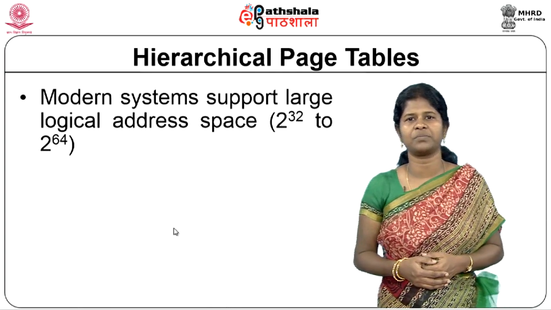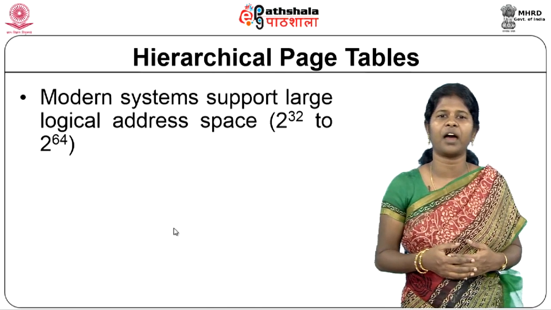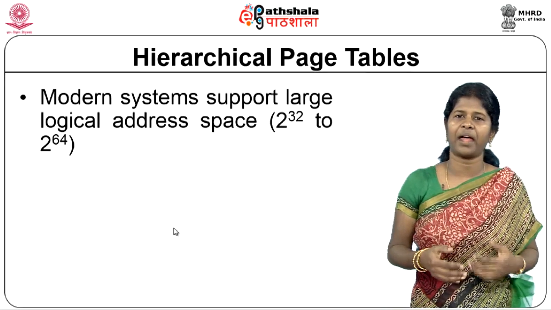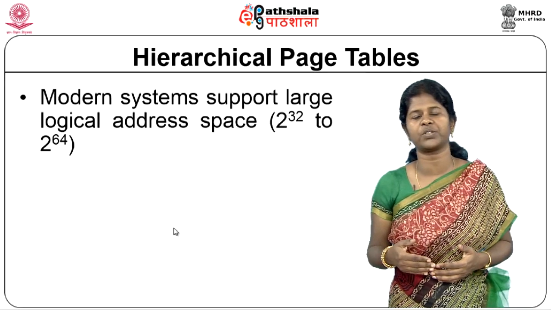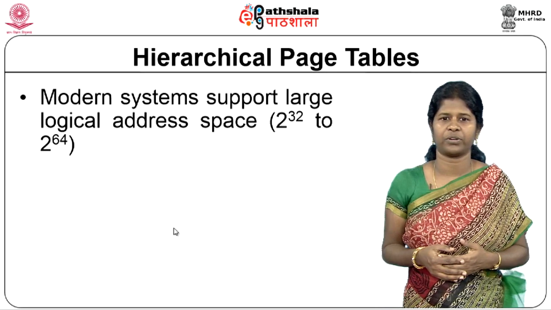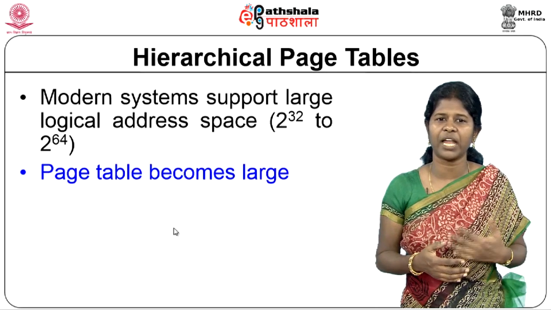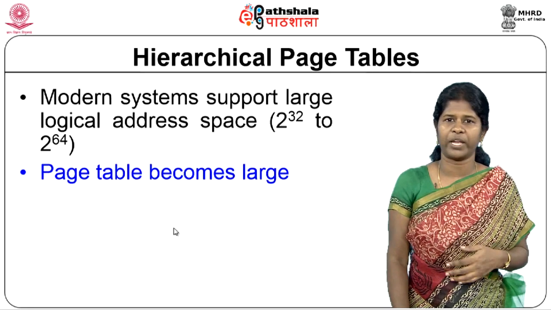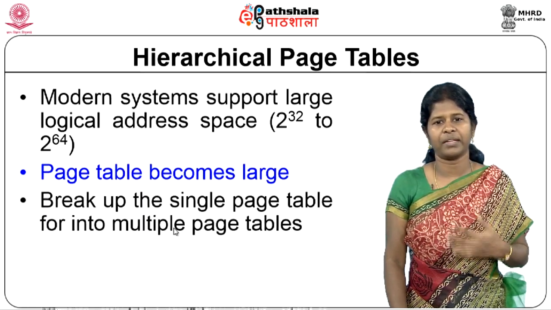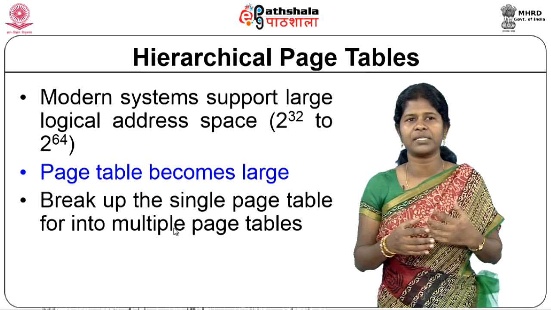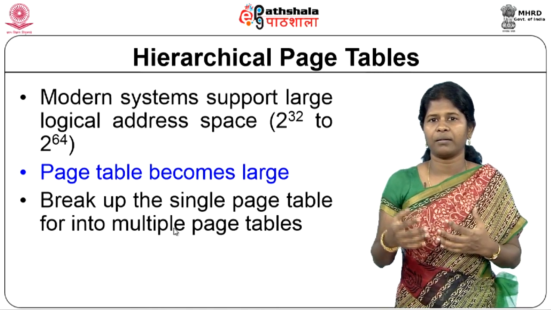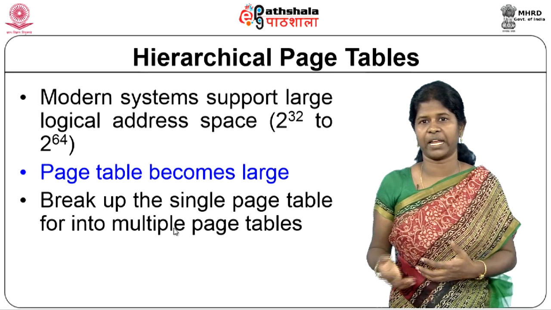In modern systems, you have a very large address space, that is, the address space can have a size of 2 power 32 to 2 power 64. And when you have such a large logical address space, the page table becomes very large, and hence you can't place the single page table into a single page in the physical memory.